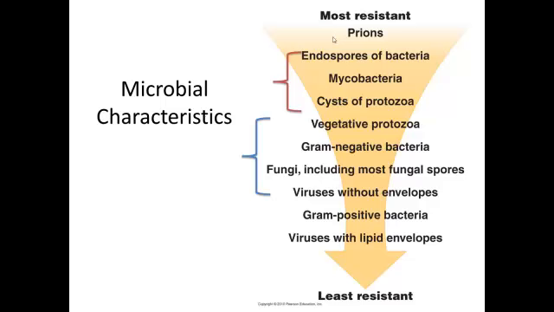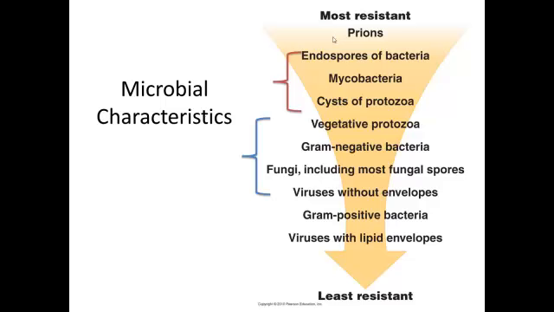So your control methods that disrupt proteins and disrupt membranes are going to be more effective. Generally your vegetative protozoa, they've got a cell wall that protects them to a certain extent. Gram-negative bacteria, because they've got that outer membrane, that makes it hard for things to get into where it can actually do the job. Fungi have a cell wall. Viruses without envelopes have a hard protein shell.